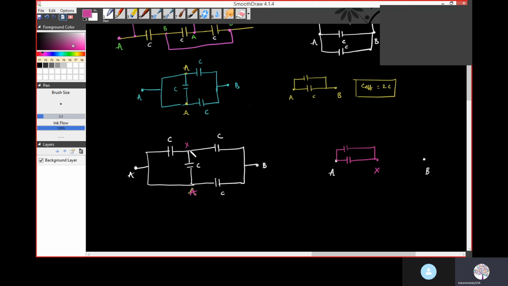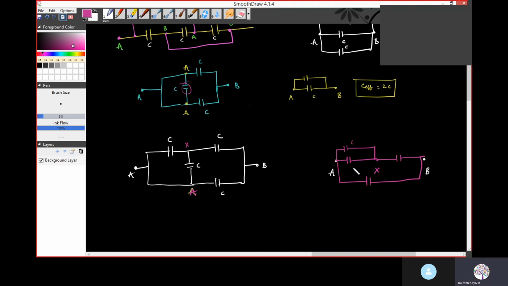No, this potential is different now. Here one capacitor is there. Here the capacitor is not there, so potentials are same, so we can remove this. But here it is different now, you got a capacitor here. Then X to B, 2, and then you have 2, A to B.